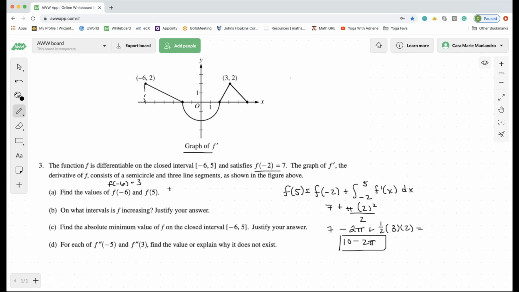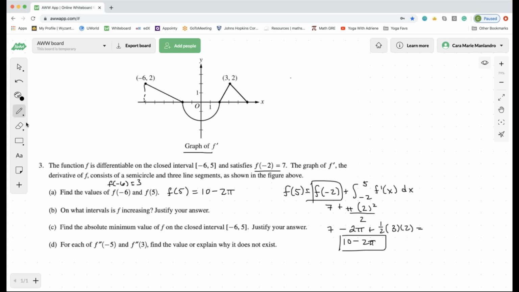Is everybody good? Yeah? Fantastic. Everybody okay with the initial condition? Okay. On what intervals is f increasing? Well, we did happen to just find a couple of them.